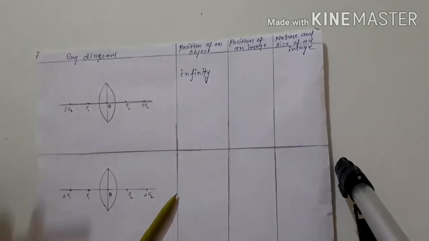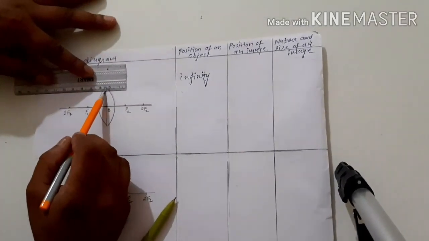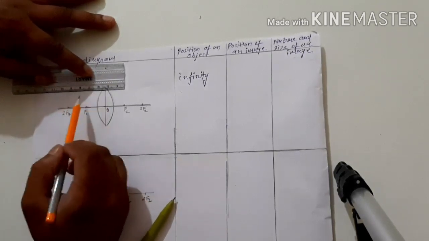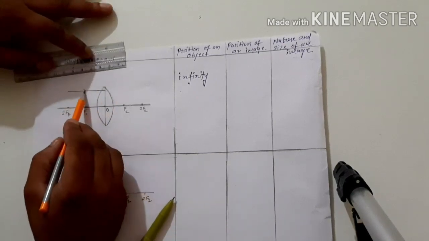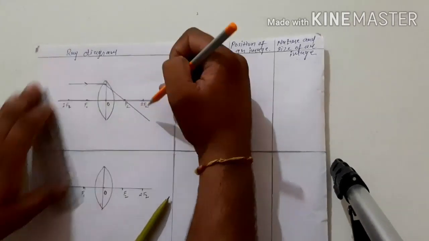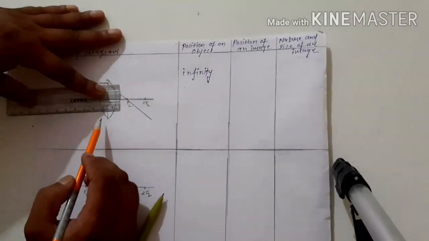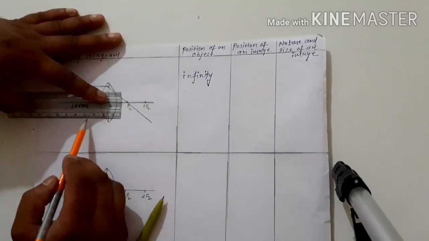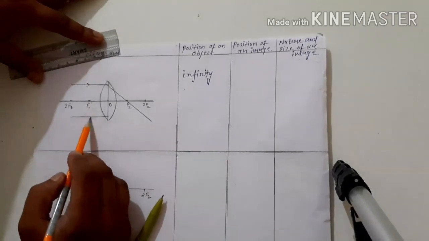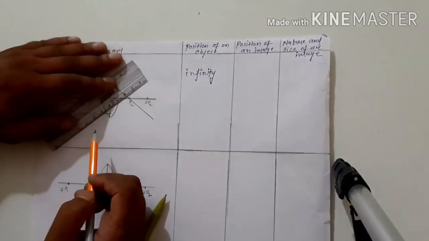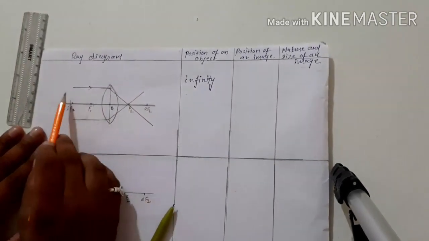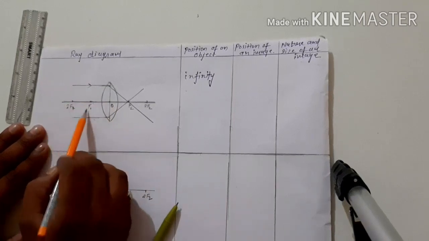The first ray, which is parallel to the principal axis, will always pass through F on the other side. The other ray we are taking is also parallel to the principal axis, so it is also going to pass through F. So where do we get the image?